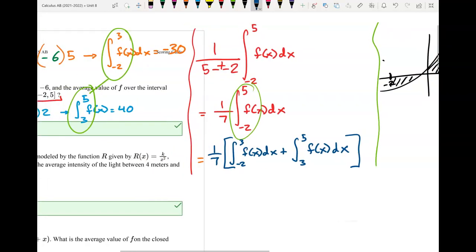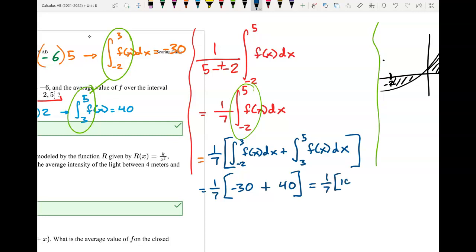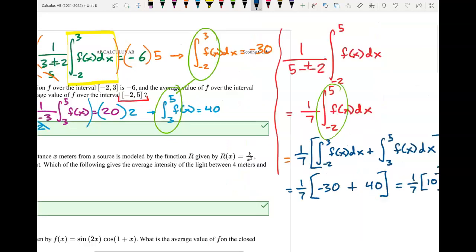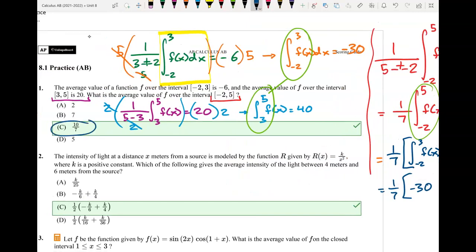And what did we find the first subinterval to be? And the second interval, what's negative 30 plus 40? So that's 1/7 of 10, or 10/7, which is C.